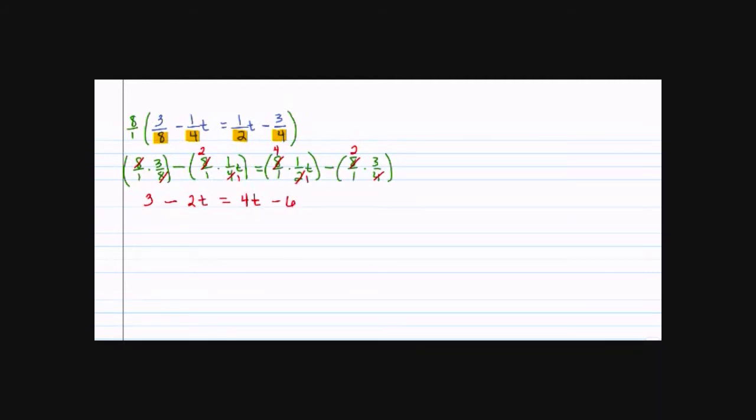Doesn't that look a lot simpler to solve? Well, I certainly think so.